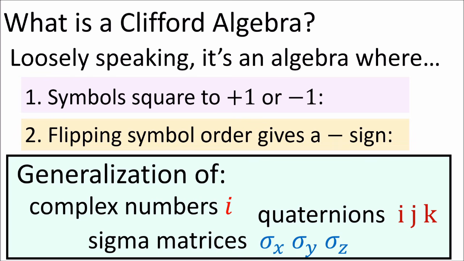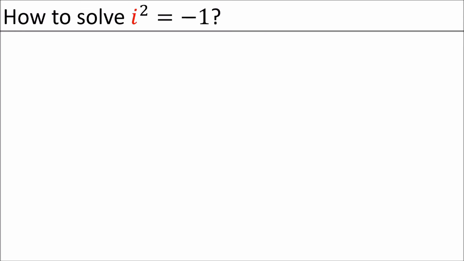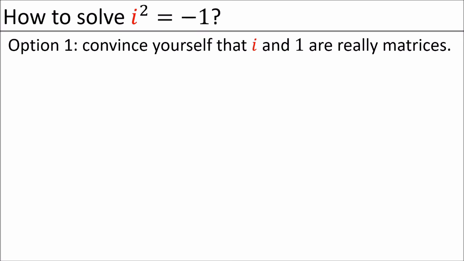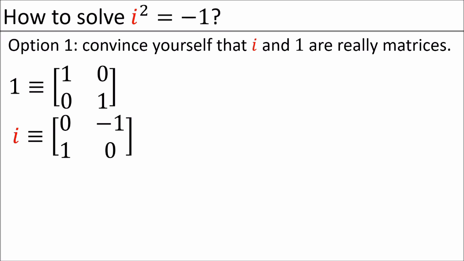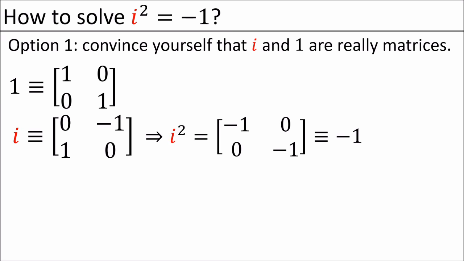So let's look at some examples of Clifford algebras, which are algebras with symbols that square to +1 or -1. Let's say we have a symbol I that squares to -1. One way to approach this is to interpret this as a matrix problem, saying that the number 1 is actually the identity matrix, and the symbol I is actually a matrix like this that squares to the negative identity.